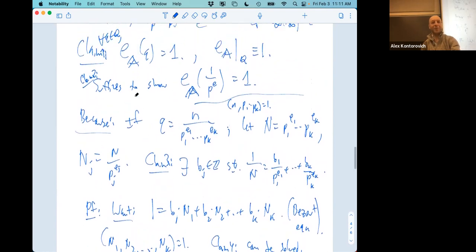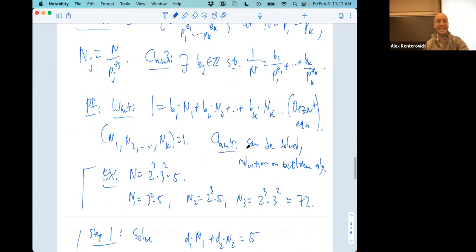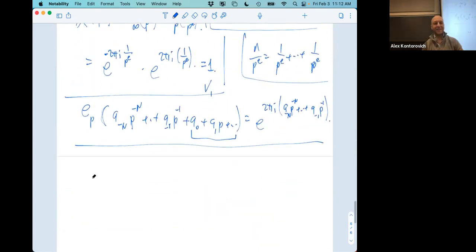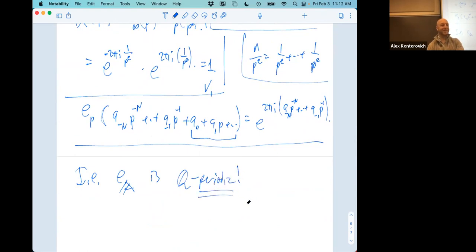Then claim 2 was that if you could show that 1 over p to the e always exponentiates to 1, then so does any rational number. And claim 1 was that every rational number has adelic character 1. In other words, this e_A is Q-periodic, in the sense that e_A of x plus q is e_A of x.